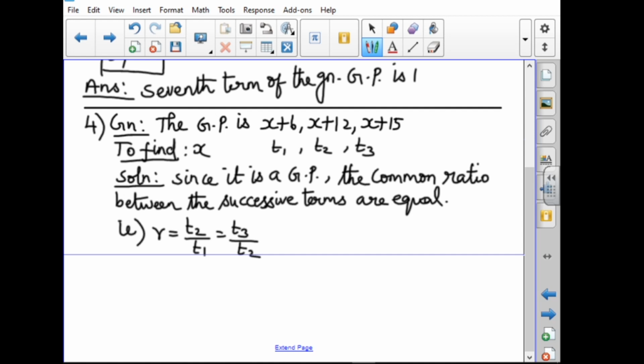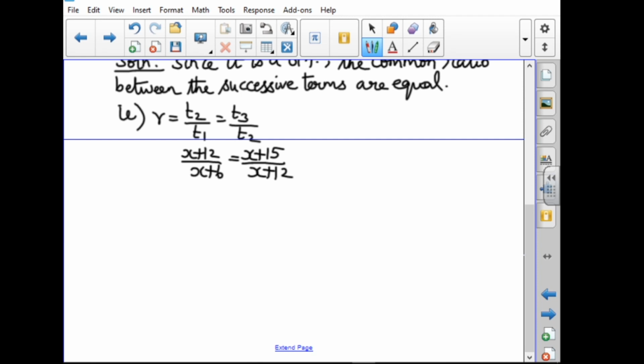Because here only 3 terms are given, so the common ratio equal. So T2 by T1, x plus 12 divided by x plus 6 is equal to T3 by T2, x plus 15 divided by x plus 12. So cross multiplication, x plus 12 into x plus 12 equal to x plus 15 into x plus 6.